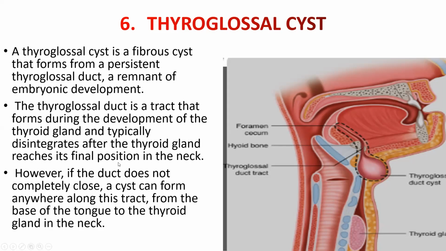However, in some proportion of people, this tract does not obliterate. It usually obliterates around the 10th week. So if it does not obliterate, it persists, forming a persistent thyroglossal duct that extends right from the foramen cecum at the base of the tongue, right down to the thyroid gland.